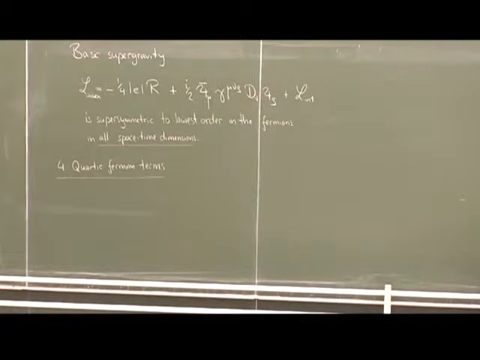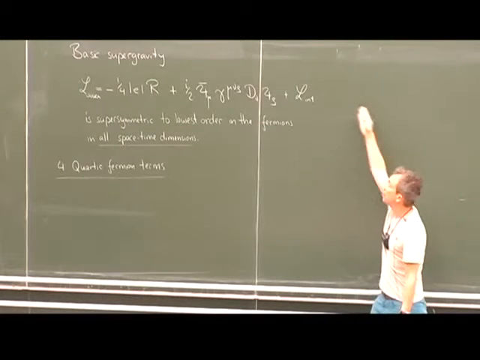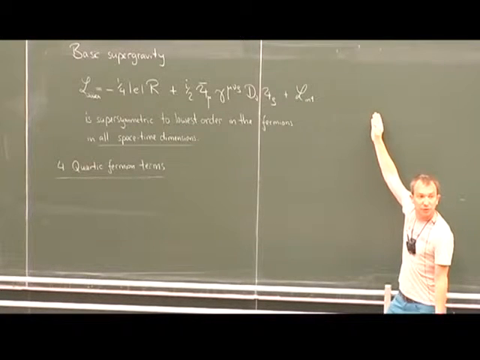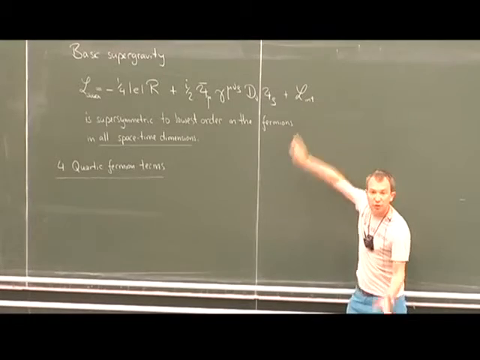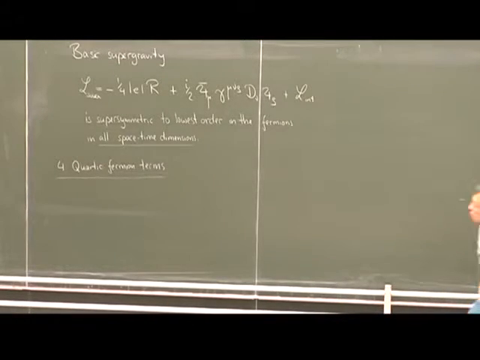And as I will discuss, that only holds in very few space-time dimensions and with very particular extra matter content of these theories. So in fact, there's only a handful of well-defined supergravities which are supersymmetric to all order in the fermions. Whereas what I've written here is really true in all space-time dimensions.